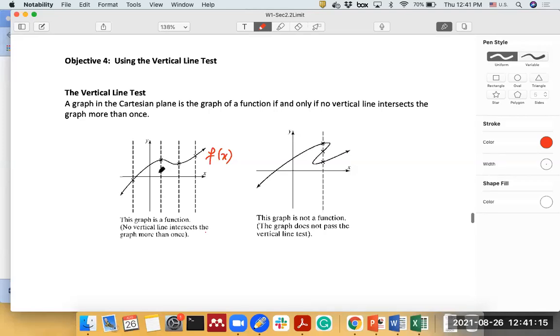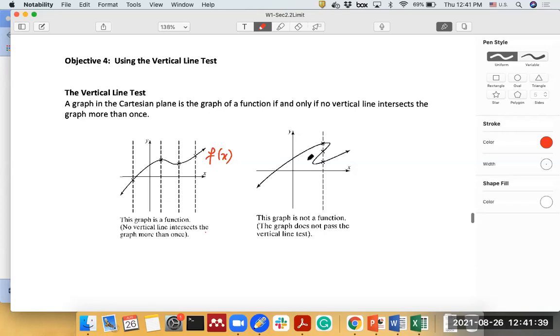So we see that if the vertical line here cuts the curve only at one position, it satisfies the definition of a function. So on the left, you move the vertical line from left to right. It always cuts the curve at one point. So this satisfies the definition of a function, right?